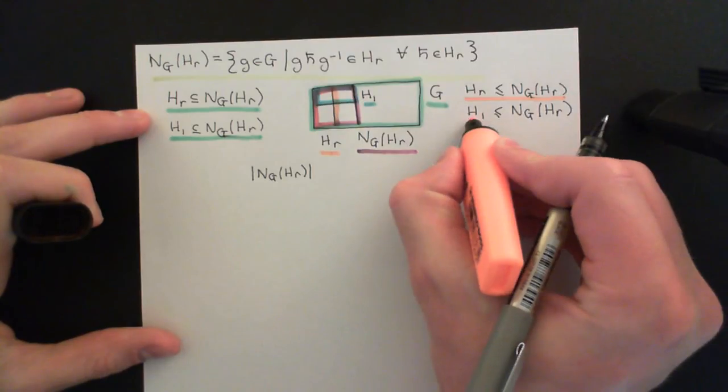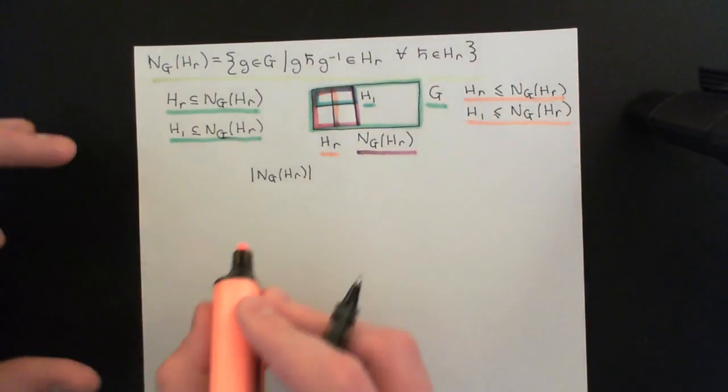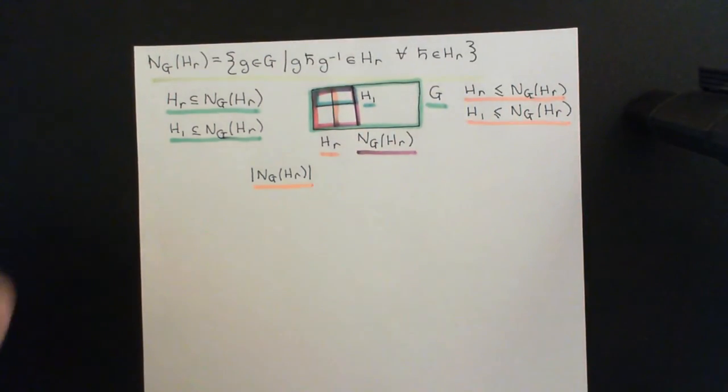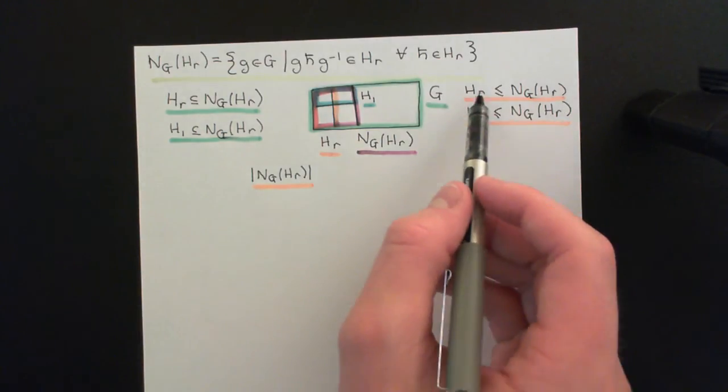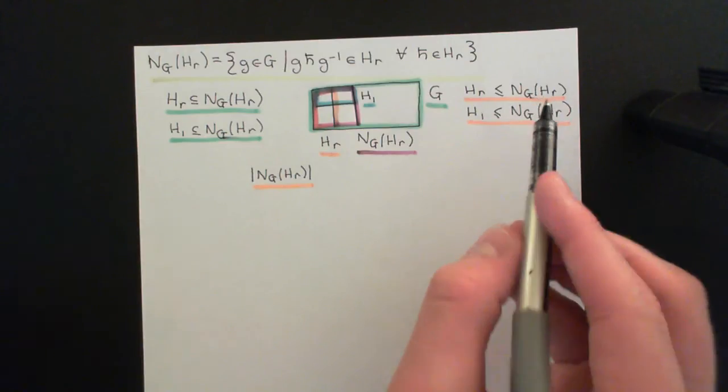Right, now if we're trying to work out the order of the normalizer of HR in G, we can apply Lagrange's theorem. Now Lagrange's theorem says that the order of a subgroup must divide the order of the group.